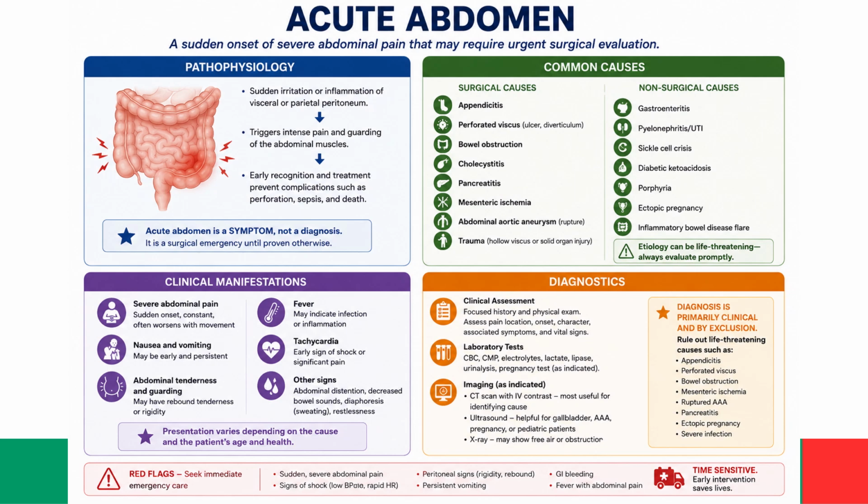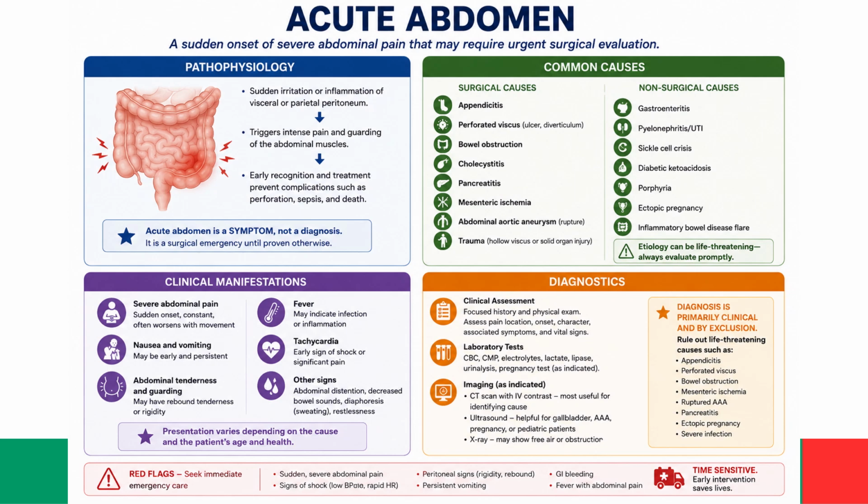And now imaging. Imaging depends on the suspected cause. A CT of the abdomen and pelvis is going to be extremely useful for many causes of acute abdominal pain because it can identify inflammation, obstruction, perforation, abscess, and other pathology. But ultrasound is also particularly useful when we're evaluating the gallbladder or pelvic structures, and it's commonly used when pregnancy-related pathology is a concern.